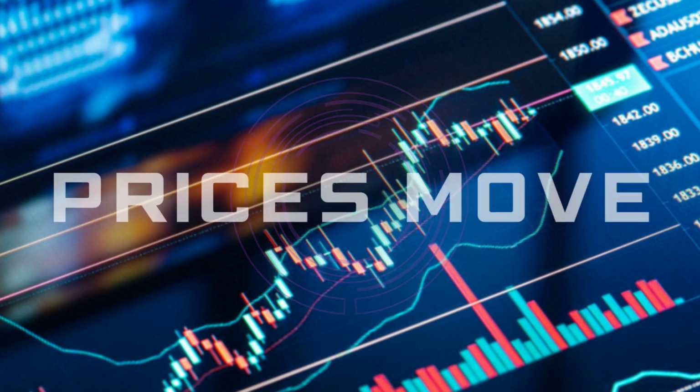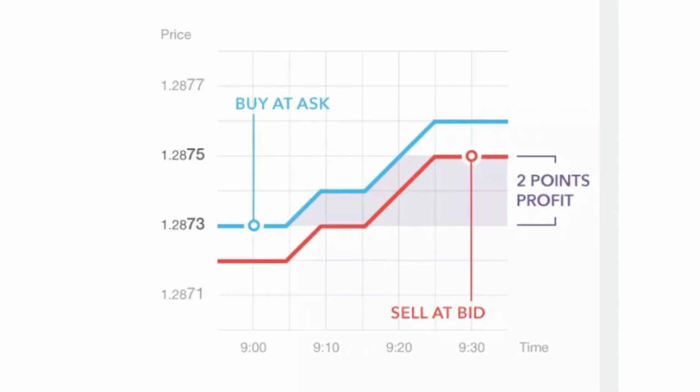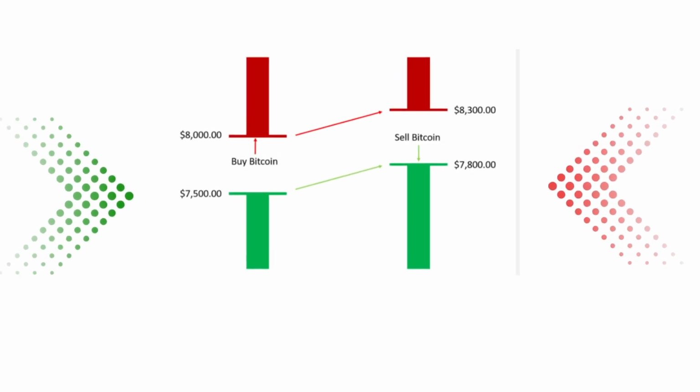How quotes and prices move. When you open your trading platform, you'll see 2 prices for every pair. Bid, the price you sell at, and ask, the price you buy at. The difference between them is called the spread. Anna explains that the spread is basically the broker's commission, and it can change depending on market volatility. During quiet times, like late in the New York session when Sydney is just opening, spreads are small.